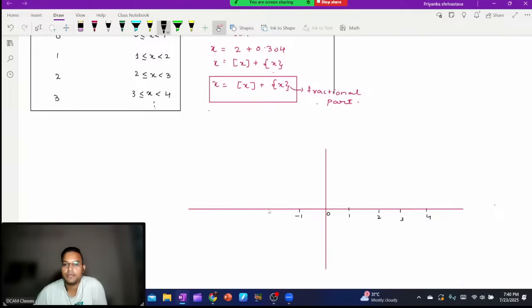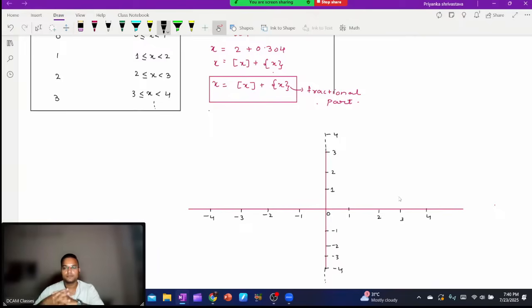This is minus 1, minus 2, minus 3, minus 4. Just for different intervals, 0 to 1, everything, just try to draw the graph. If anyone can draw the graph, send it to me on the group. I'll check and verify whether it's correct or not.